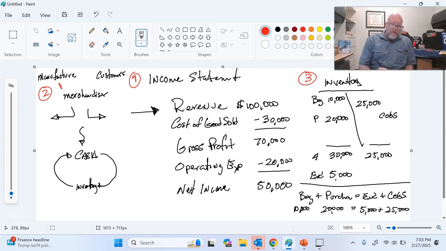Then we're going to have another discussion about the relationship between a merchandiser and a consumer. That will be a second lecture. Then we're going to have a lecture just related to the income statement, and then one lecture to close out stuff like revenue and cost of goods sold and all the other different types of revenue accounts that we're going to talk about this week. But anyway, this is chapter 4, the operating cycle.